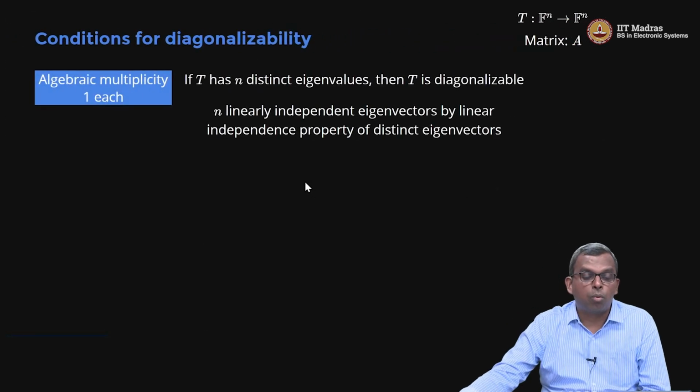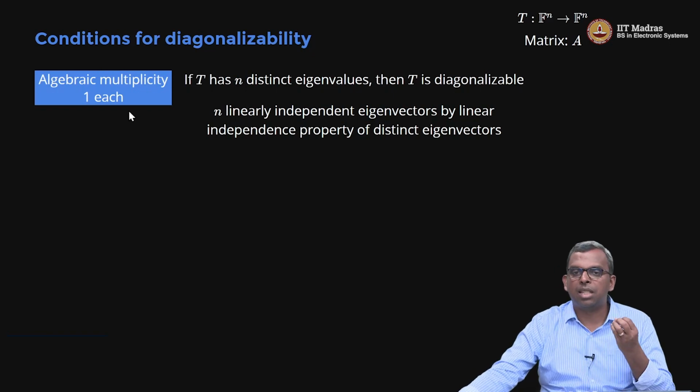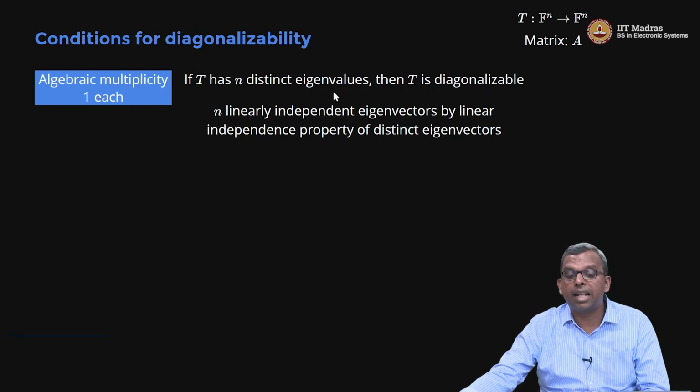Now, based on the previous idea, that distinct eigenvalues have linearly independent eigenvectors, we can come up with simpler, easier to check conditions for diagonalizability in terms of multiplicity. We had algebraic multiplicity and geometric multiplicity for all eigenvalues. Supposing you have algebraic multiplicity of 1 each, so T has n distinct eigenvalues.